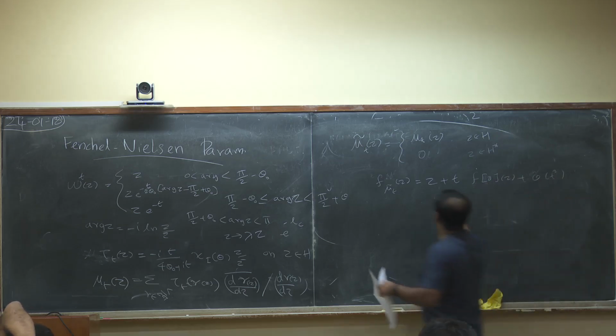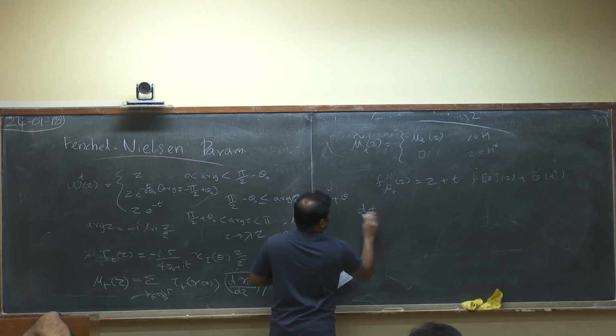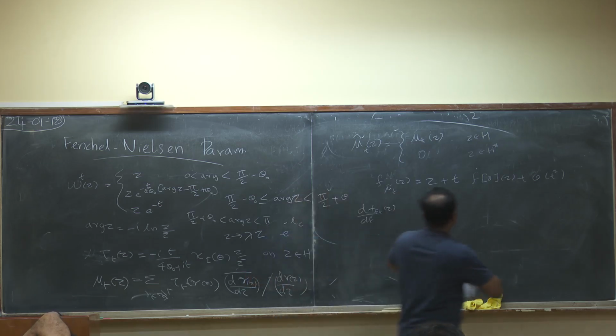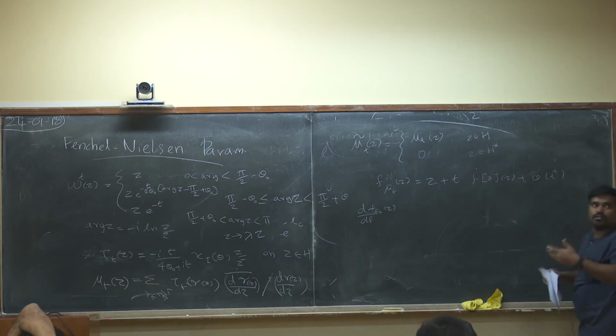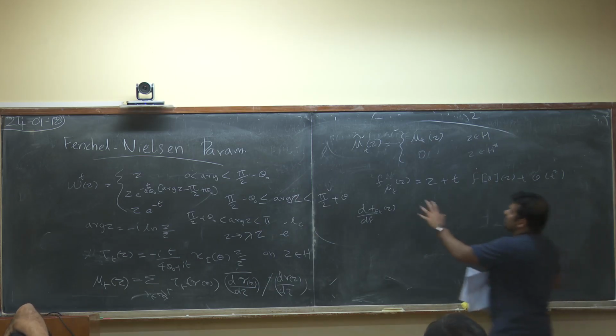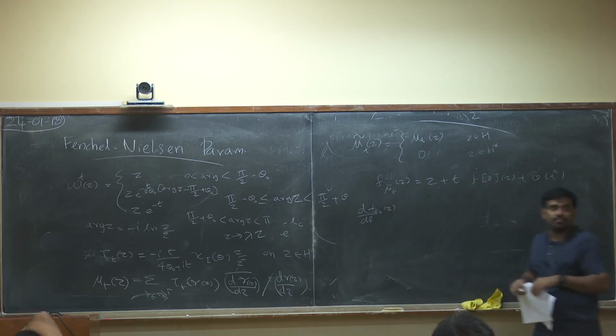I will explain this. Here the second term is just the derivative df/dt. If I can find the form of the second term, that means I am actually solving the Beltrami equation for this particular choice of Beltrami differential.